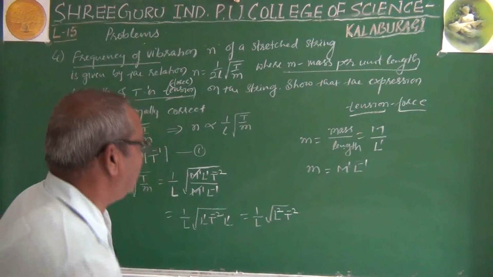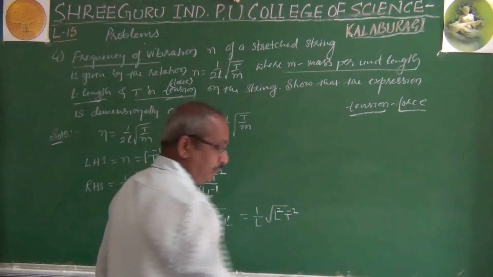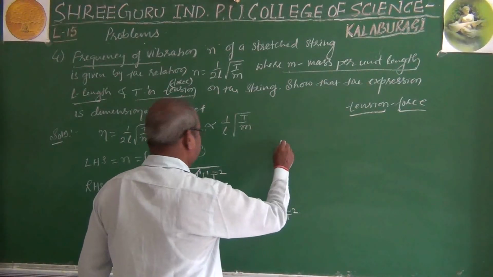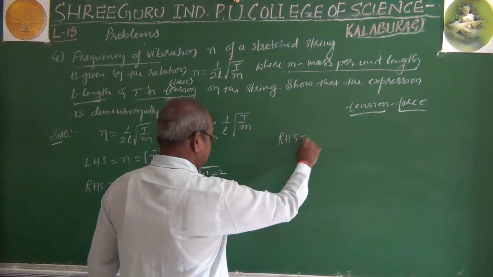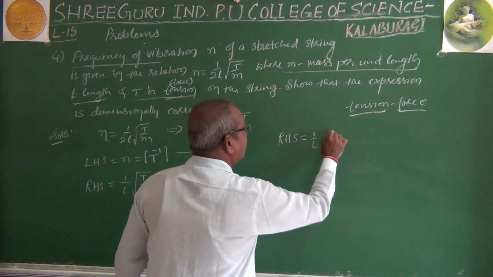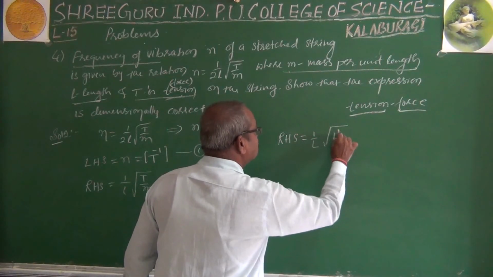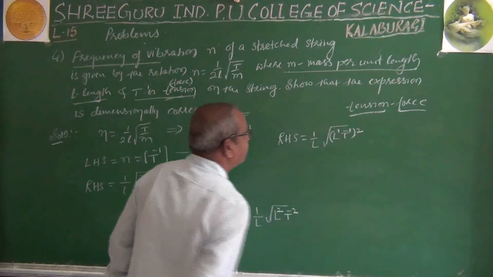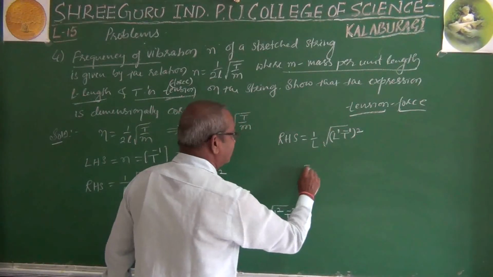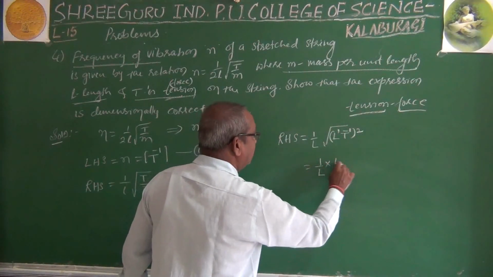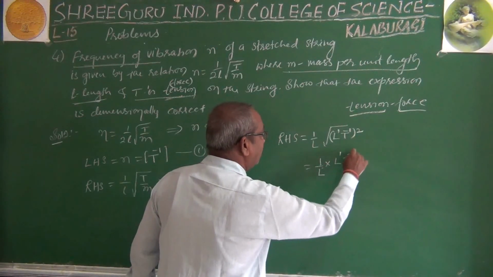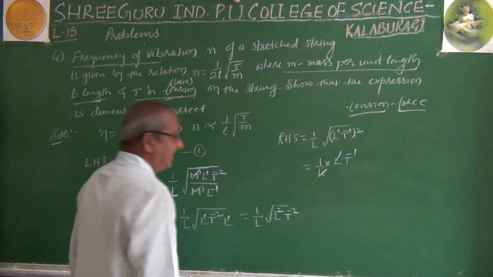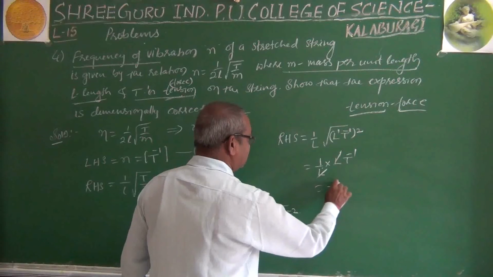Mathematically, 1 by L, root of L raised to 1, T raised to minus 1, whole square. Now the whole square and root will be cancelled: 1 by L into L raised to 1, T raised to minus 1. This L raised to 1 and the other L raised to 1 both cancel. Left is T raised to minus 1.